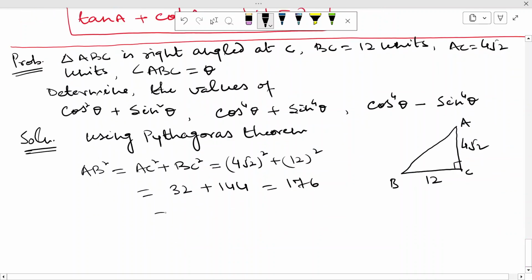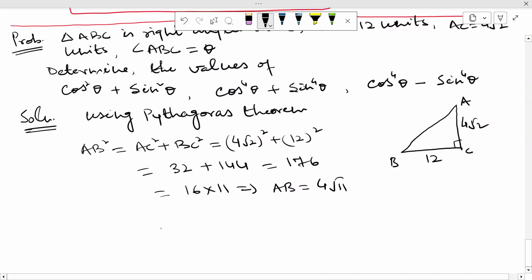So, you can write this 176 as 16 into 11. So, this further implies that AB is equal to 4 root 11 because the square root of 16 is 4. Now, we can easily obtain the values of cos theta and sin theta.